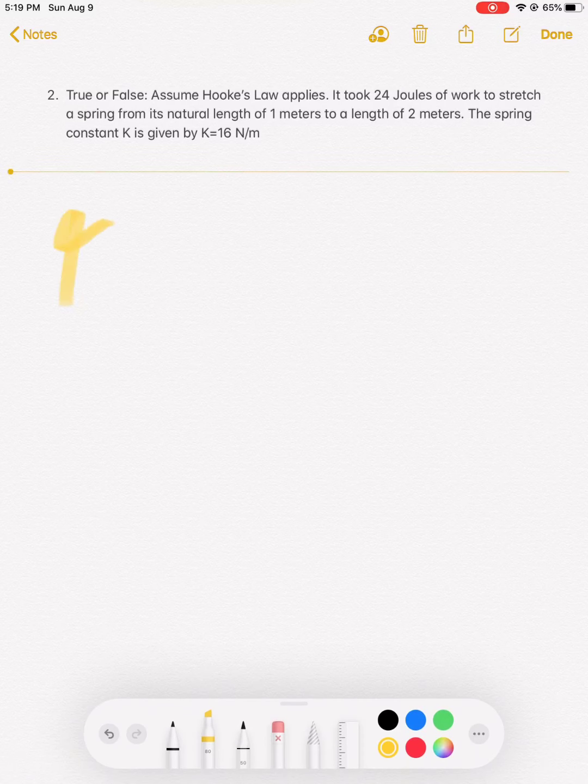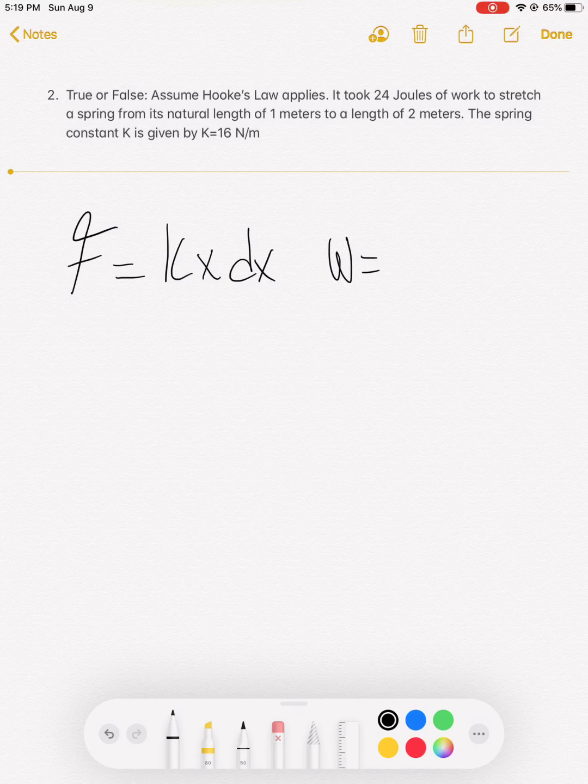Force equals constant K times x. Then we have work equals the definite integral from a to b of kx dx.